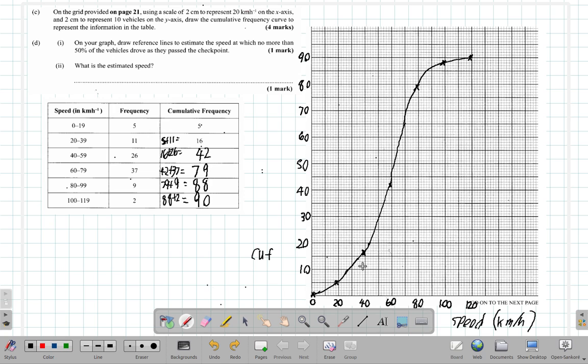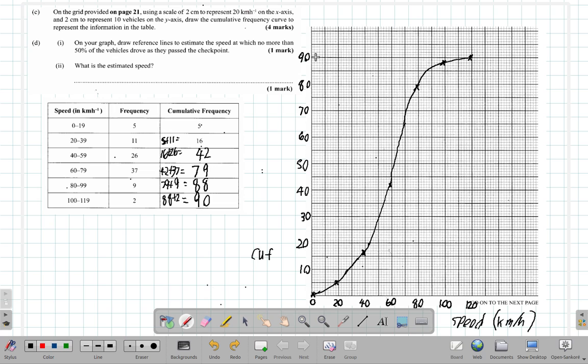Now on your graph, draw reference lines to estimate the speed at which no more than 50% of the vehicles drove as they passed the checkpoint. No more than 50% of the vehicles. That means you're going to locate halfway up the cumulative frequency graph.